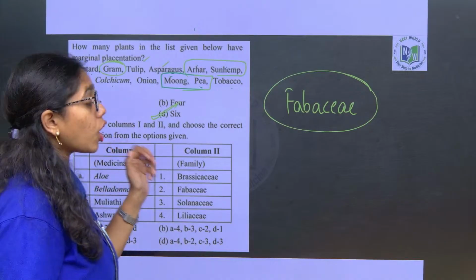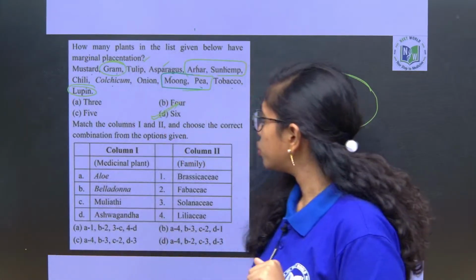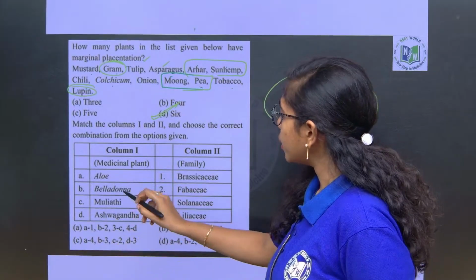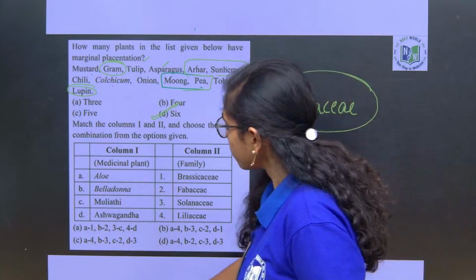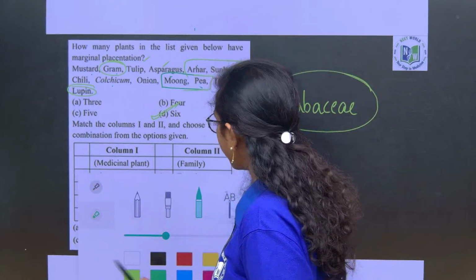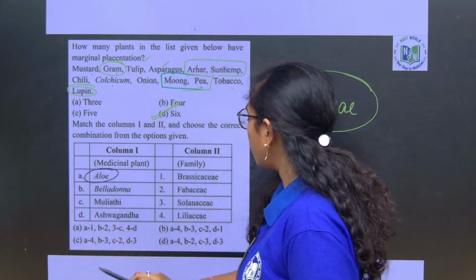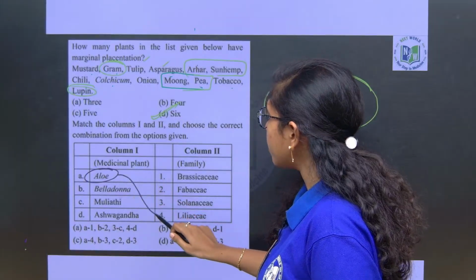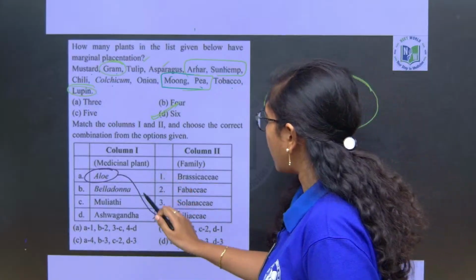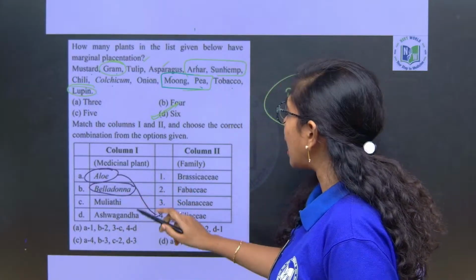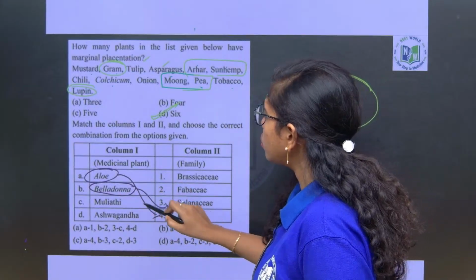Next, match the column 1 and column 2. Here we have two combinations. First is the examples and here is the family. So, here we have to look into the aloe vera. The family which is given is what? Liliaceae. Liliaceae, best example is aloe vera. Belladonna and ashwagandha, they belong to Solanaceae.